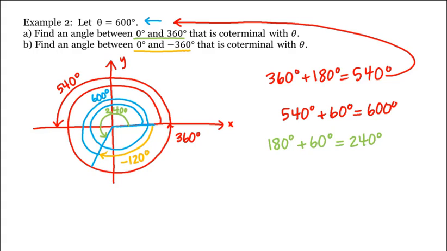Because a quarter turn in the clockwise direction measures negative 90 degrees, and then we have to go 30 more. So that would be negative 120 degrees. So our answers here then would be 240 degrees and negative 120 degrees.